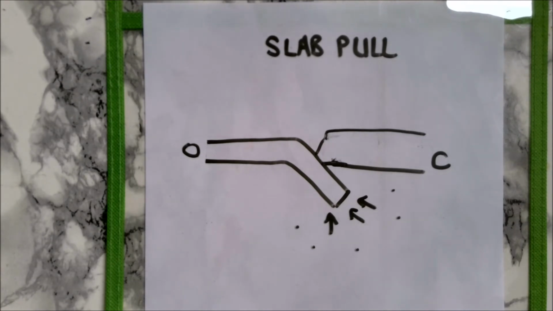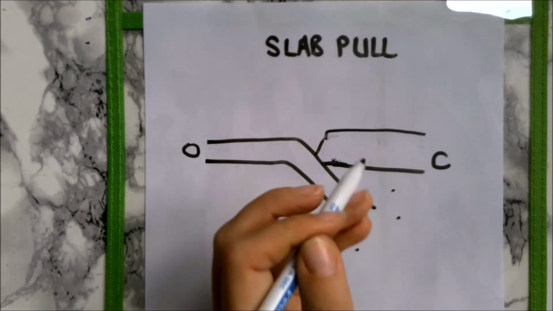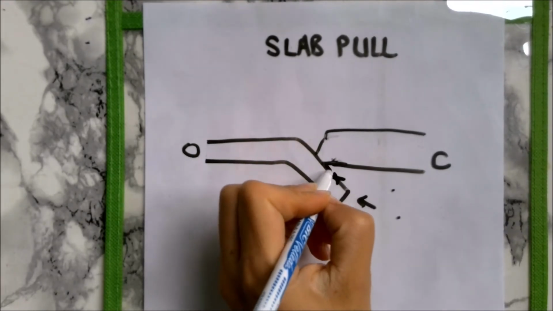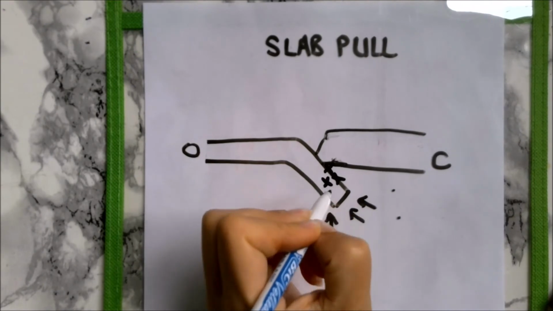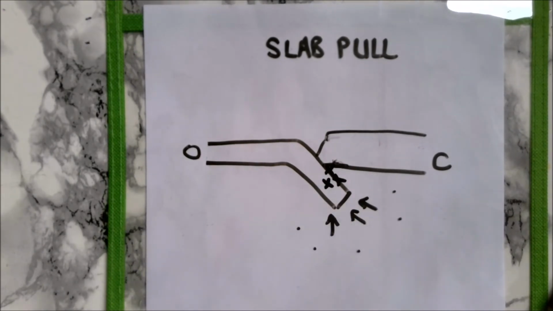So obviously it's one of the reasons why we also end up getting lots and lots of earthquakes occurring on this Benioff zone, this subduction area, because that's where we've got that additional force occurring. So that's your slab pull, and you only need to talk about that in the context of any subducting destructive plate boundaries.